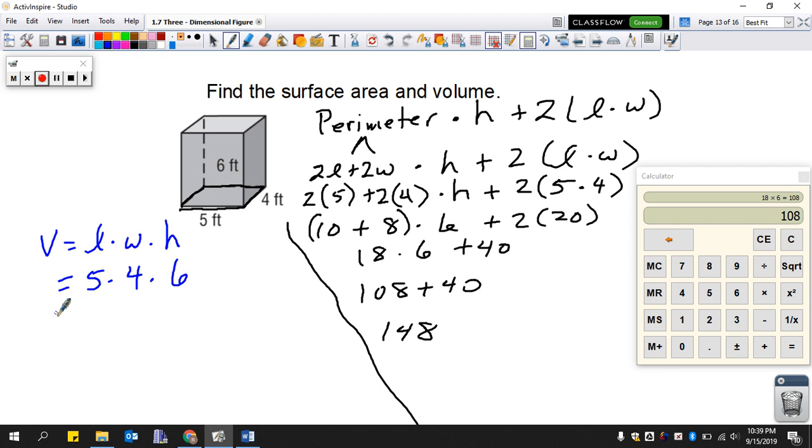That's the easiest way to think about it. So 5 times 4 is 20 times 6. 20 times 6 is 120. Remember this is 5 feet, so that would be 120 cubic feet. This would be 148, and this is all feet squared, so 148 square feet.